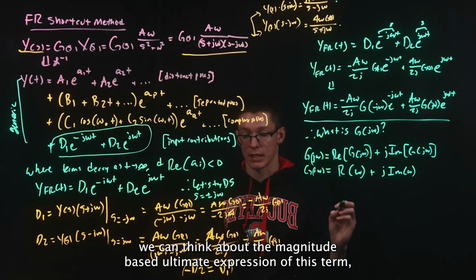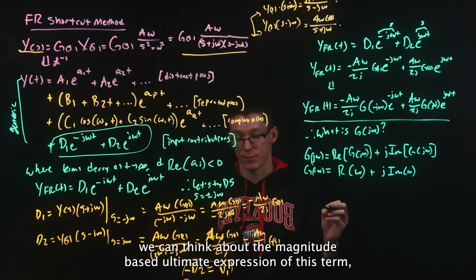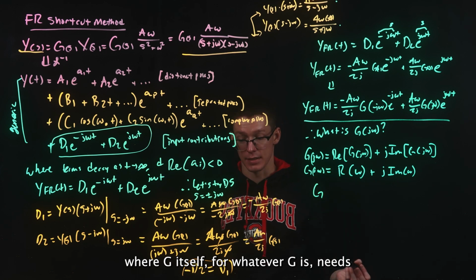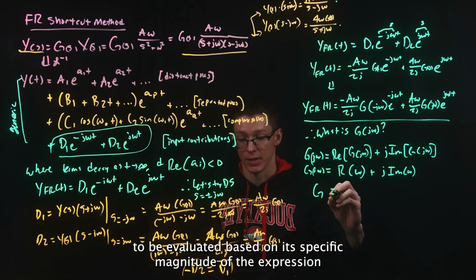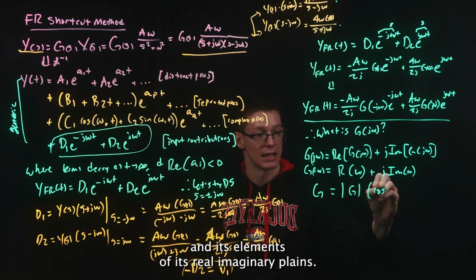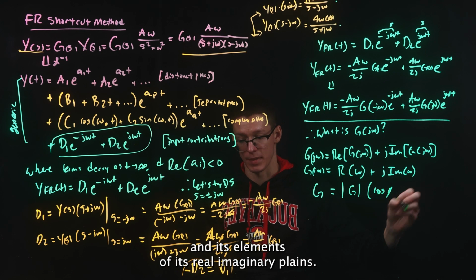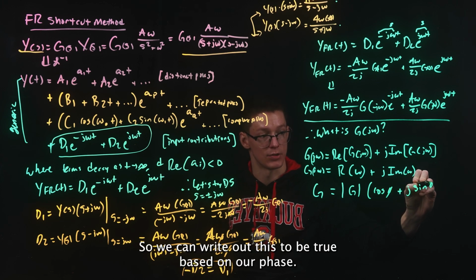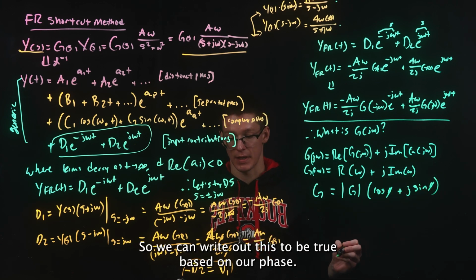Furthermore, we can think about the magnitude-based ultimate expression of this term, where G itself, for whatever G is, needs to be evaluated based on its specific magnitude of the expression and its elements of its real and imaginary planes. So we can write out this to be true based on our phase.